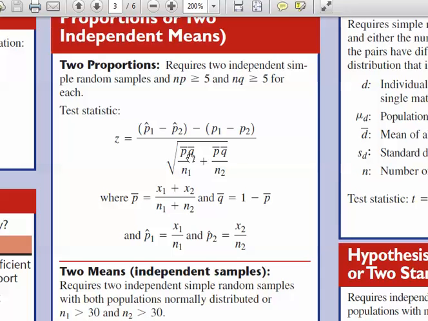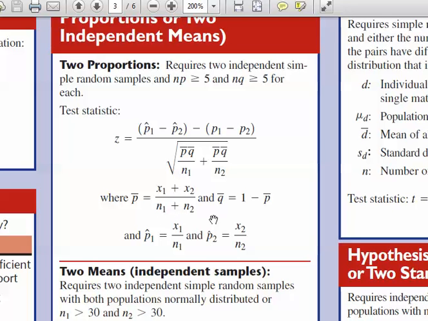This P bar, Q bar, P bar, Q bar. Remember that when you put a bar over it, it stands for the mean, like X bar mean or Y bar mean. It's kind of like finding the mean, finding all the successes divided by the total number of possibilities.